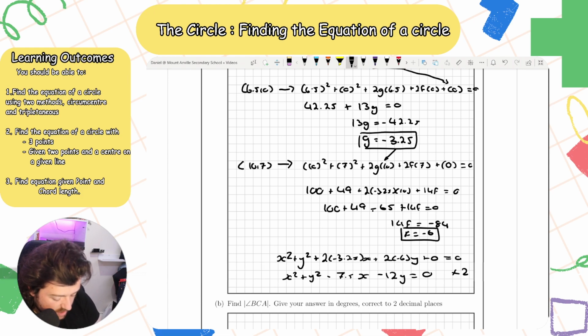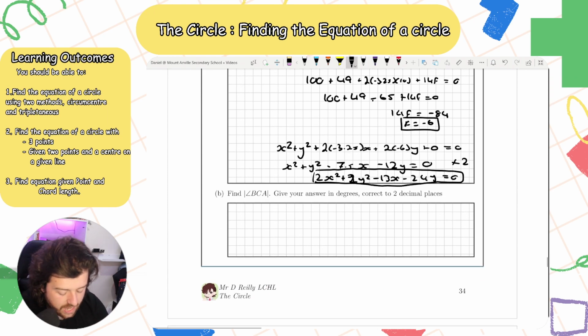And then it's multiplied across by 2 to get rid of the decimal: 2x squared plus 2y squared minus 13x minus 24y equals 0. That is my equation of a circle there.